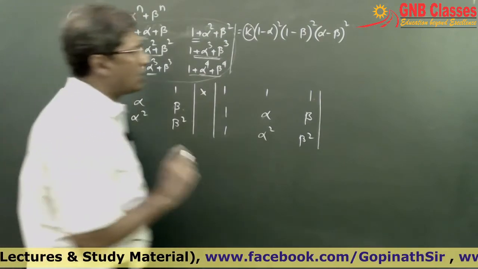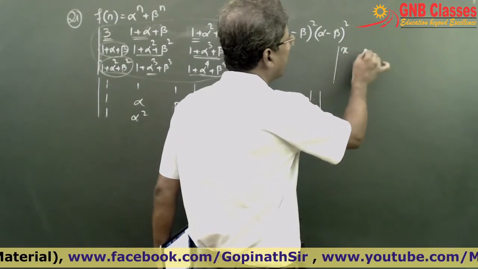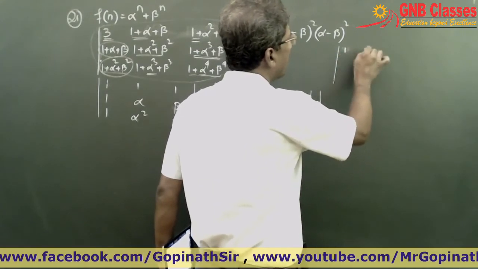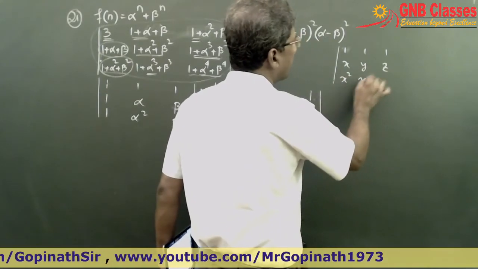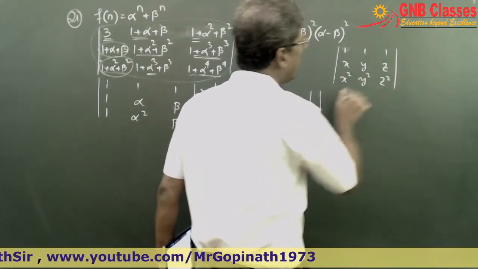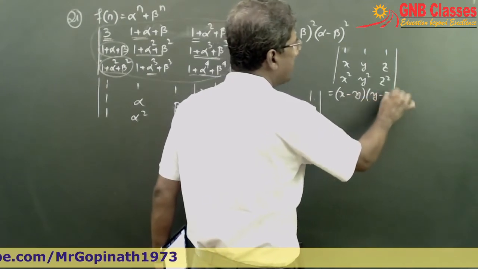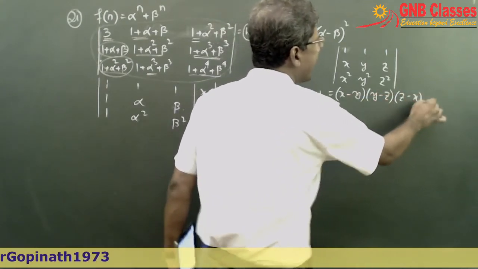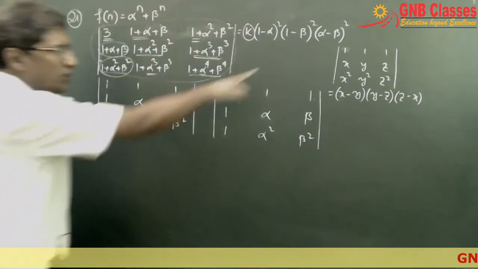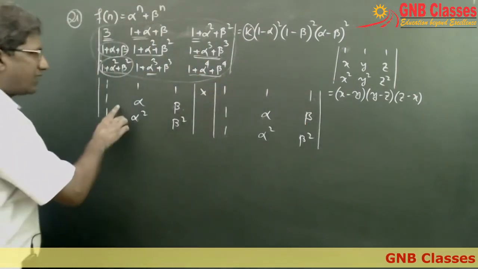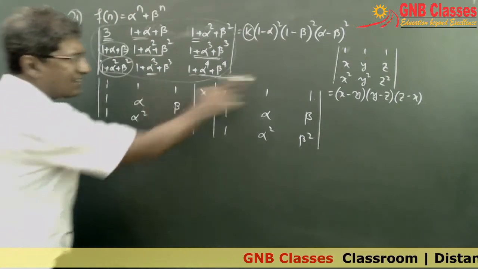Is it clear? Now, in determinants, you all know that if it is this determinant, if we expand, we are going to get (x minus y)(y minus z)(z minus x). So we are going to get this result when we expand this determinant. In this case, you observe carefully, this is exactly the same as that.